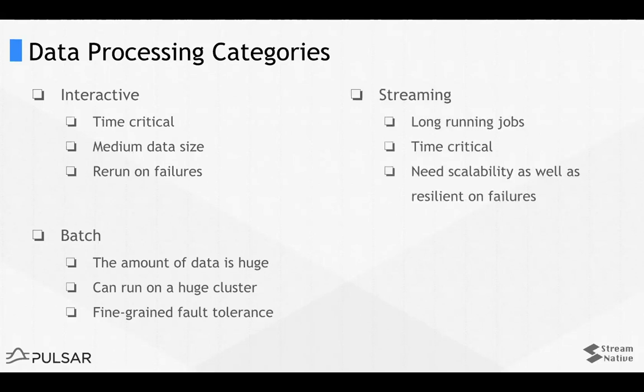And the fastest-growing category is streaming. In the streaming world, most of the jobs are long-running, real-time, and time-sensitive. It requires both scalability and fault tolerance, because the ingested data can increase a lot.